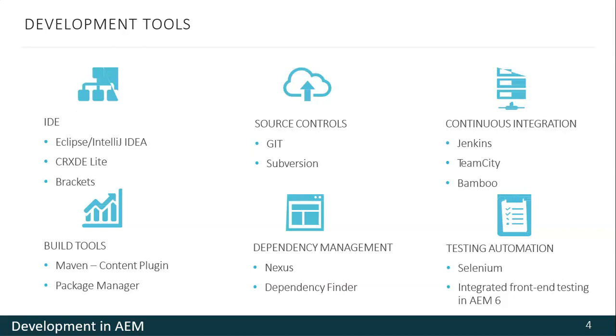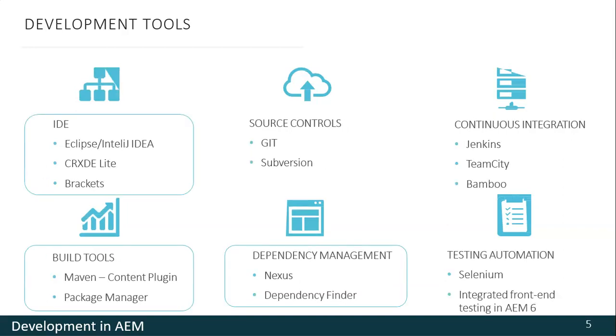The stack also involves a standard set of version control systems, continuous integration tools, Maven paired with custom build plugins, features for effective dependency management and resolution, and technology for writing tests. Today, we're going to have a closer look at development tools, building tools, and dependency management.